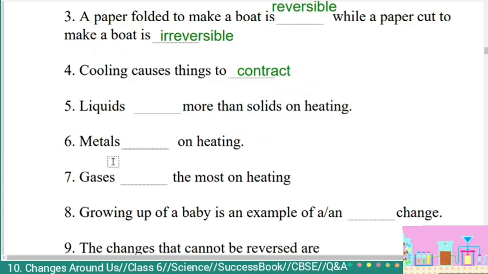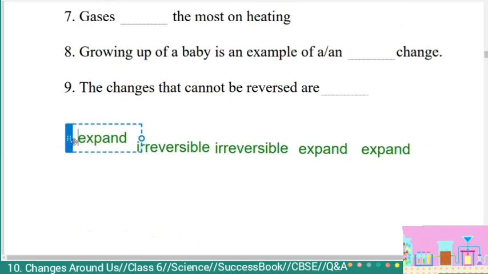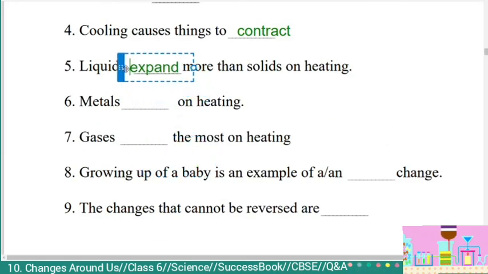Fifth one, liquids dash more than solids on heating. Liquids expand more than solids on heating. Sixth one, metals dash on heating.